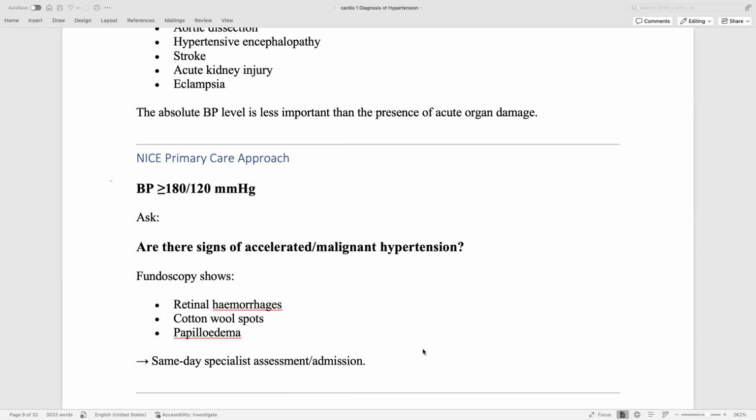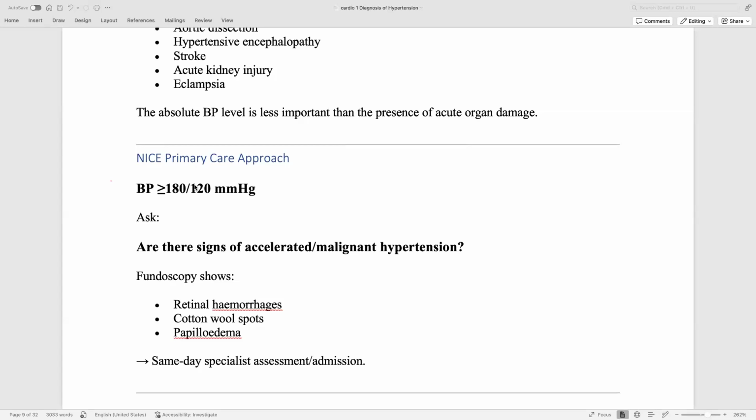So before any decision to start medication, we need to assess. We need to assess because, as I told you, with blood pressure 180/120 there are three classifications: either severe, or accelerated, or malignant. Right?